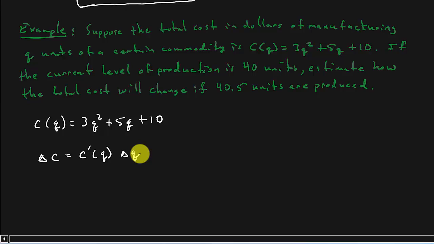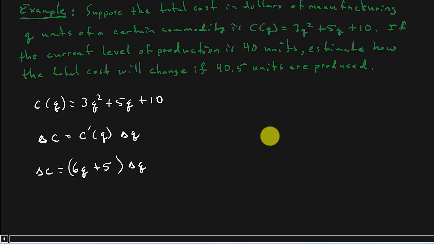It's the change in q, since our function's in terms of q, not x. So we have delta C is equal to 6q plus 5 times delta q. And in this case, what are we looking for? Well, q is equal to 40, because we want to know from 40 to 40.5.